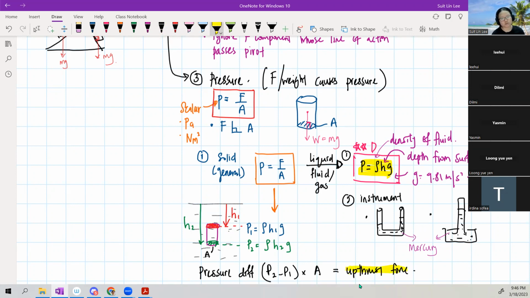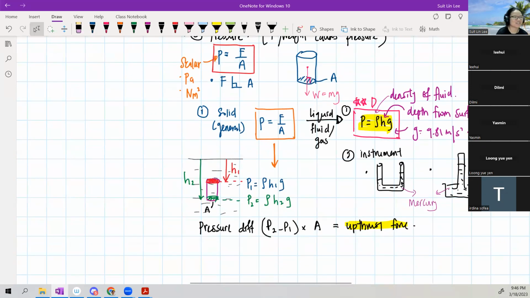They like to trick students all the time, because students remember the equation for upthrust. This upthrust will be equal to rho Vg. So a lot of times you think about the weight of the water displaced. It just happens to be the weight of the water displaced, but the reason is due to pressure difference.